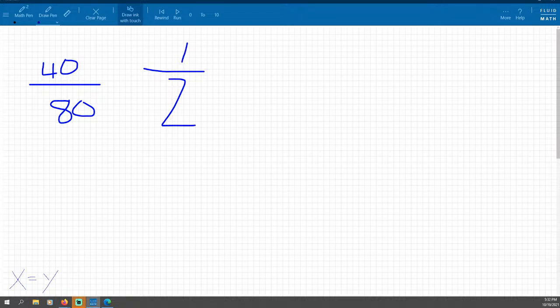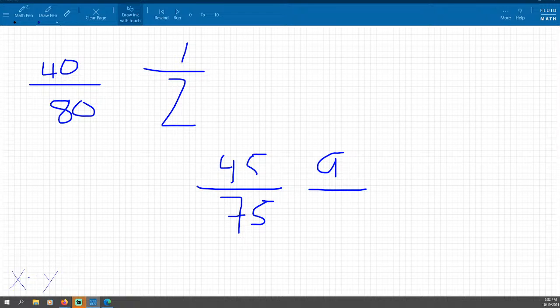Let's think of something though, how about if we had 45 over 75? So we know 5 goes in there 9 times. 5 goes into 75, 15 times.